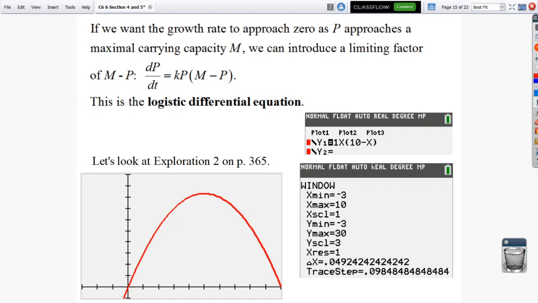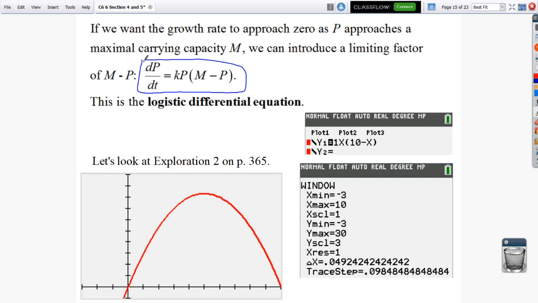Let's go into, here we go. Here is the actual differential equation for our logistic growth. This thing right here, where we have dP/dt is equal to kP times the quantity of M minus P. In that paragraph right up here, we want the growth rate to approach 0 as P approaches maximal carrying capacity.